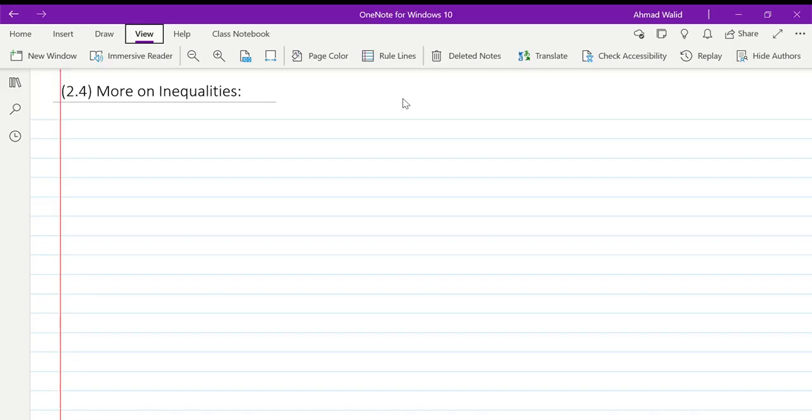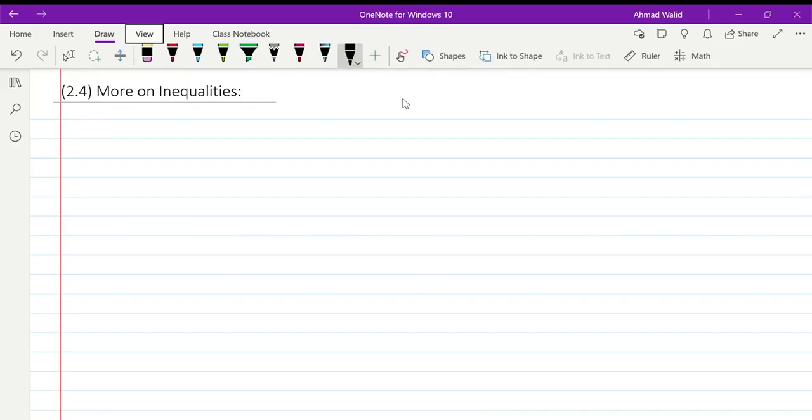They can be quadratic, cubed, or they can be rational polynomials, correct? We cover in this section those types of inequalities: how to solve them and how to find the solution set for them.